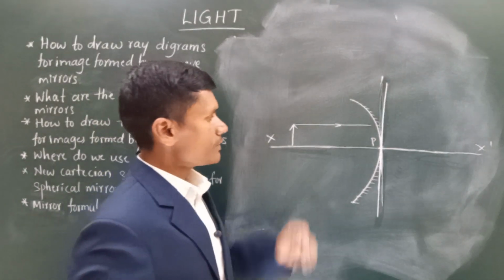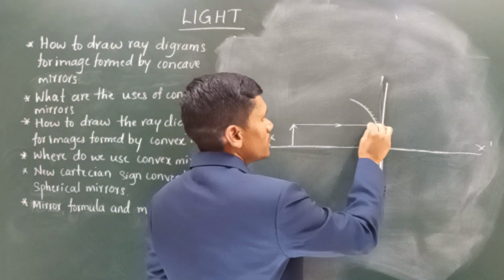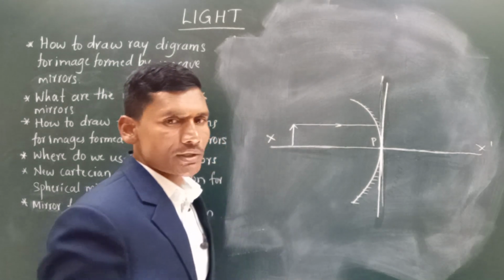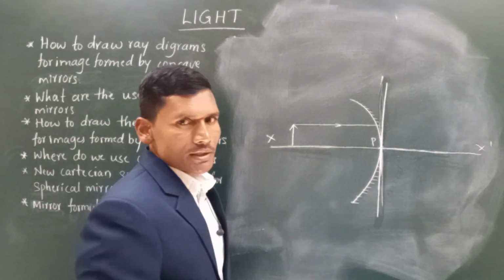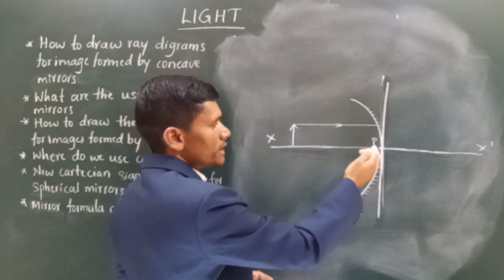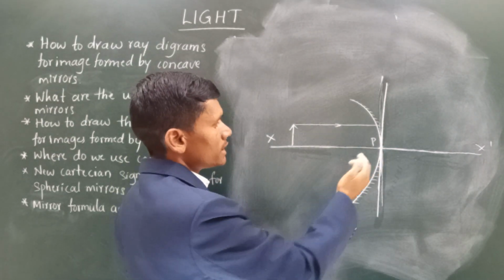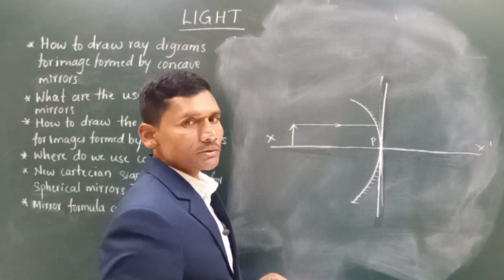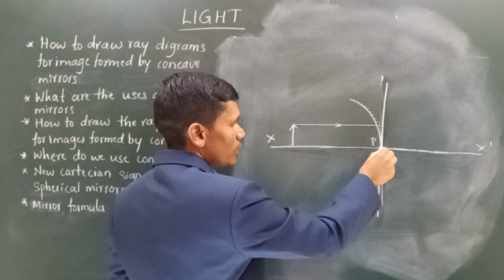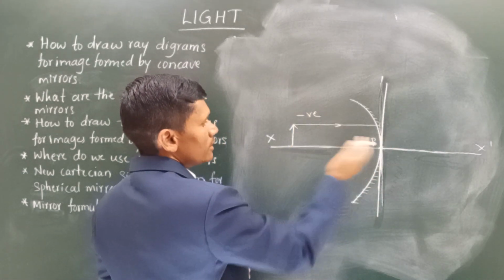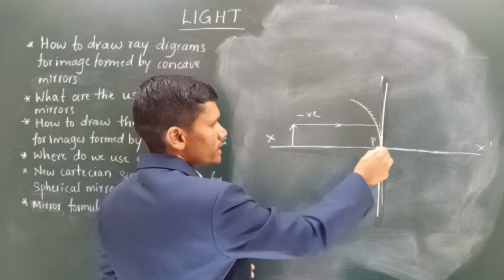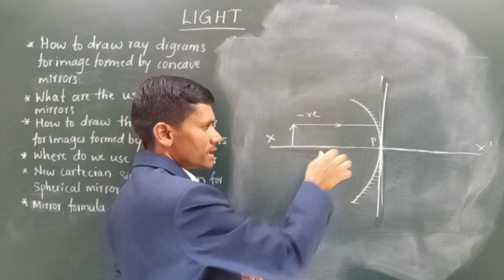If it is the origin of the mirror, now the distances measured parallel to the principal axis and towards the left of this pole of the mirror are considered as negative values. As you know already, from the origin negative numbers will be on the x-axis, right?